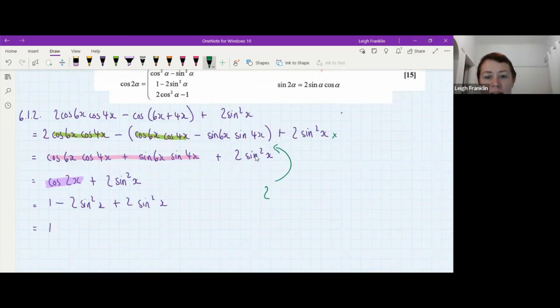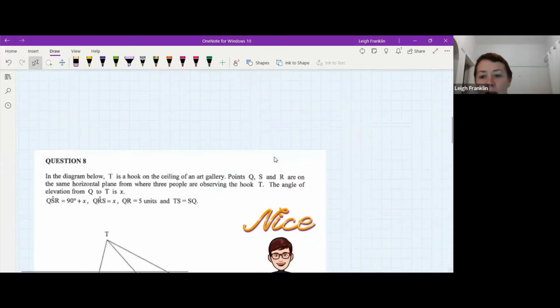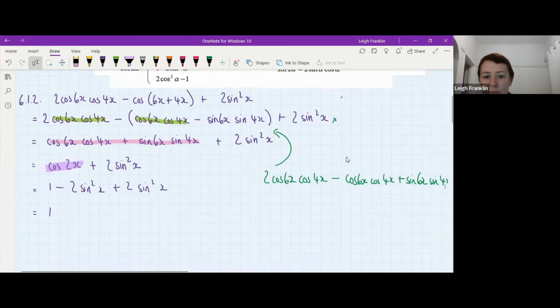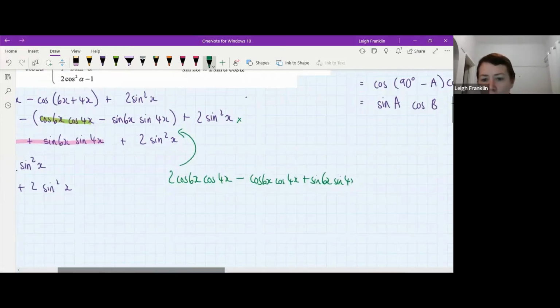After this line ends, we end up with 2 cos 6x cos 4x minus cos 6x cos 4x plus sine 6x sine 4x plus 2 sine squared x.